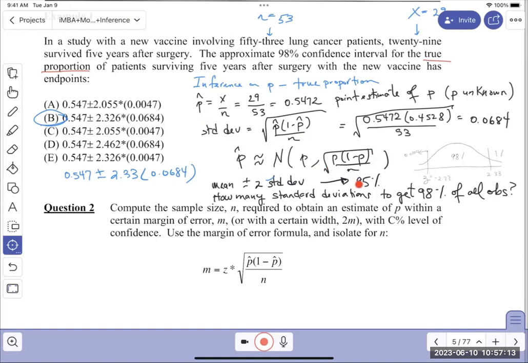So we're estimating the standard deviation because we don't have P, but we're using the theory to build this interval that has 98% of the possible P's in it. So we say that we have a 98% confidence interval for the true proportion.